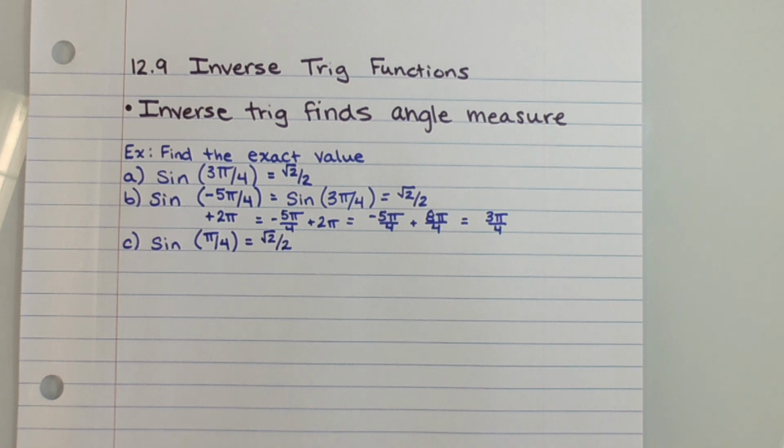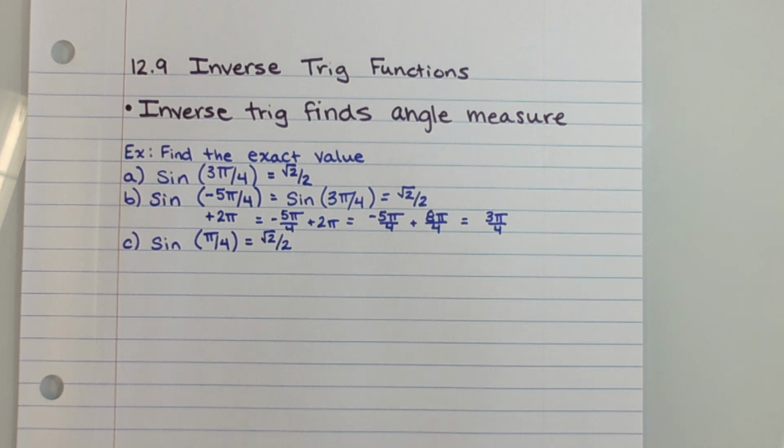I purposely chose ones where sine of an angle equaled the exact same thing because this points out a big issue that comes up when it comes to inverse trig. And the issue being this: when it comes to doing inverse trig, if I'm working backwards, I would be doing inverse trig on the square root of 2 over 2 in order to find the angle that corresponds to it.